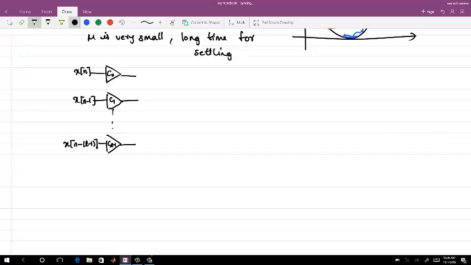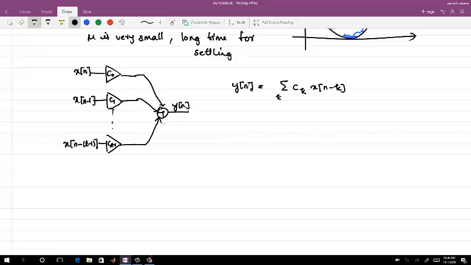You sum them up, and this is the equalized signal. So y of n is equal to the sum of c of k, x of n minus k, k from 0 to L. This is just the equalized signal.